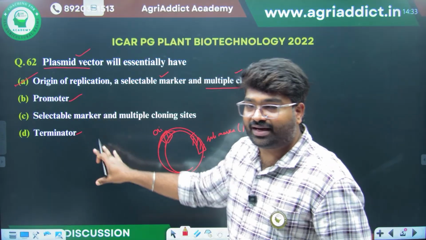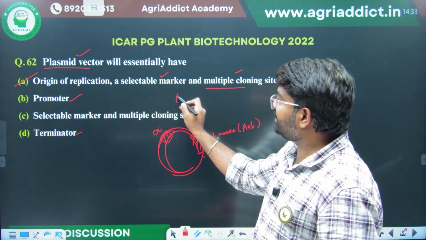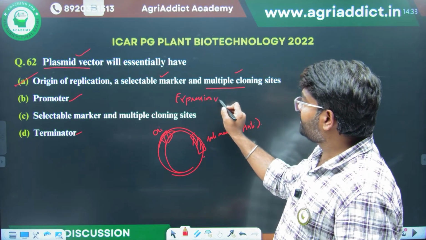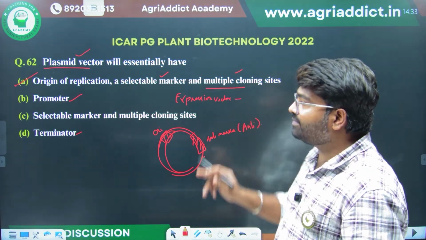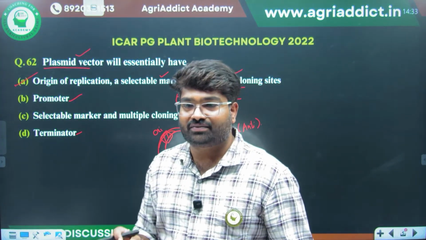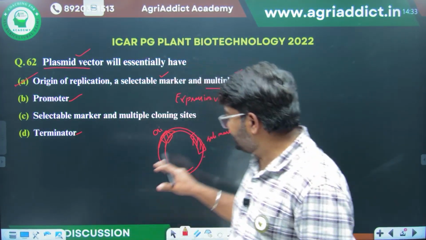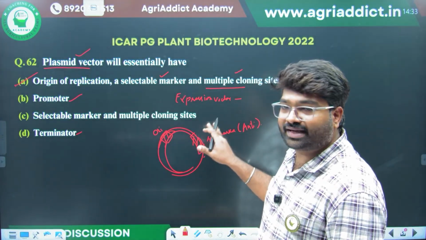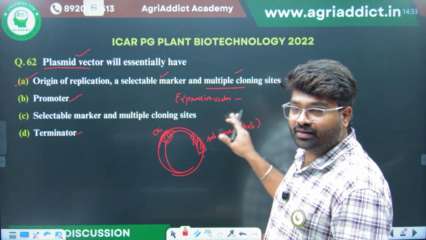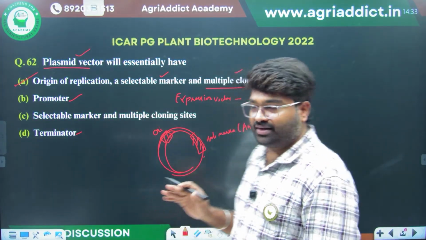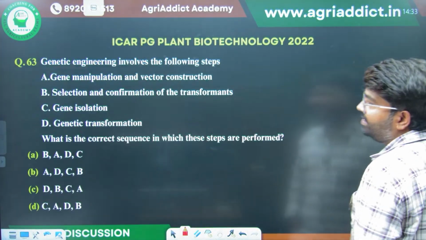These are specifically present in an expression vector. If a vector is an expression vector, it should have the promoter sequence, terminator sequence, everything for production of that particular protein. Whatever gene we are cloning will be transcribed into messenger RNA and synthesized into proteins. That is an expression vector; it should have promoter and terminator regions.